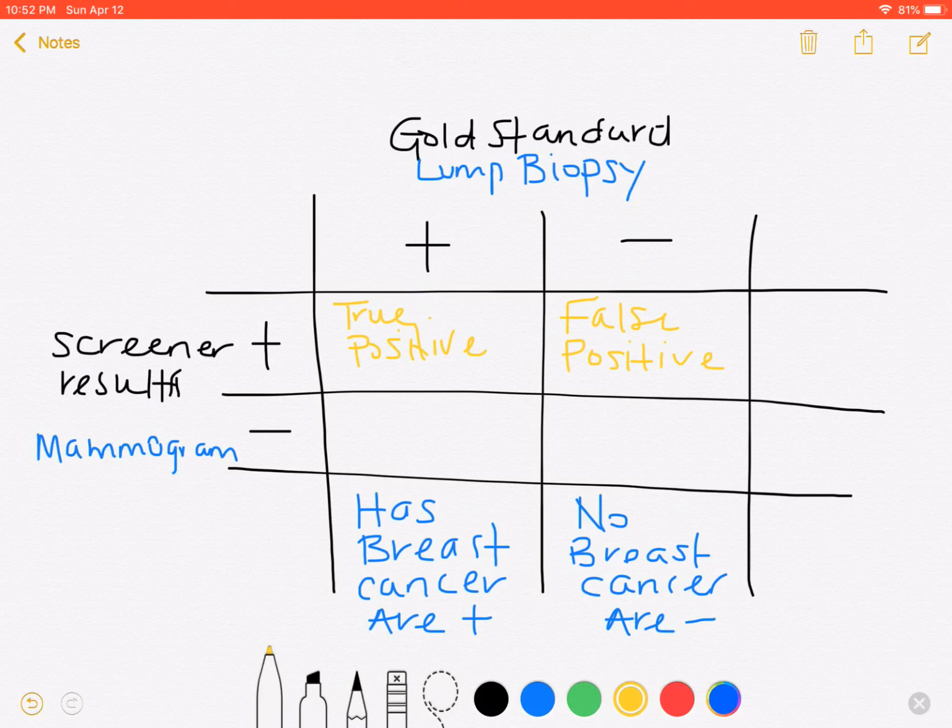The next thing is if you screen negative on my mammogram. However, when we do a biopsy of your breasts, we find out you actually do have cancer. This we would call a false negative because our screener said that you didn't have any breast cancer even though you did.